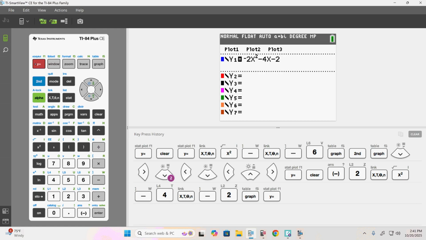Hit enter. Hit y equals. So plot 1 got turned on, so we need to turn it off. So hit enter. Yep, then graph. You have to put the x in first.